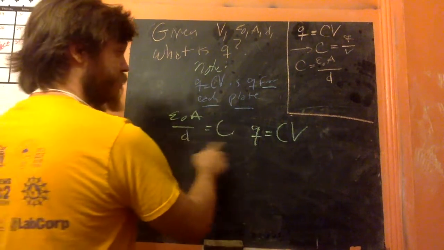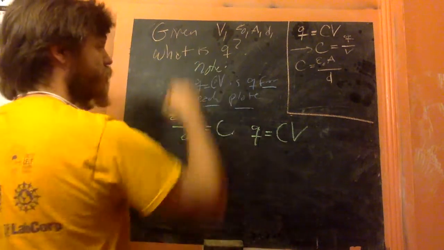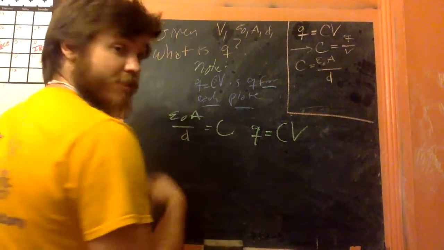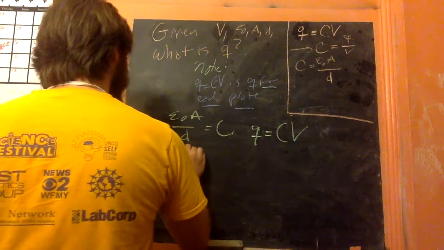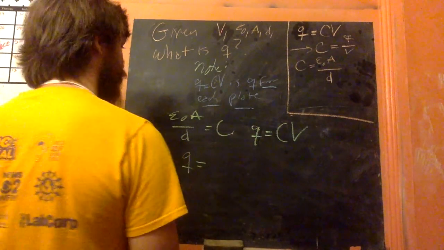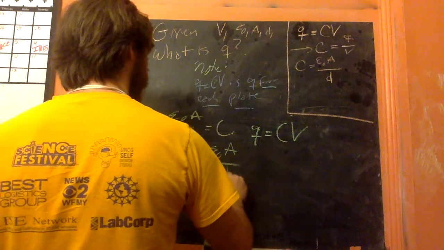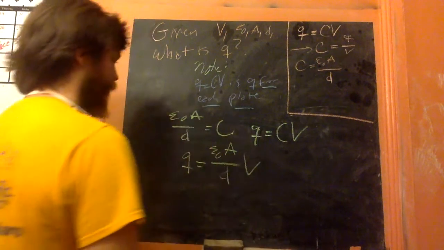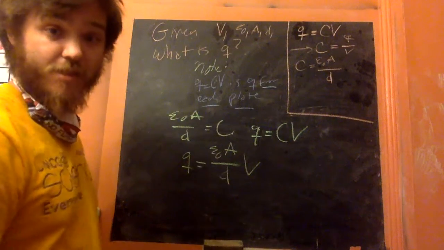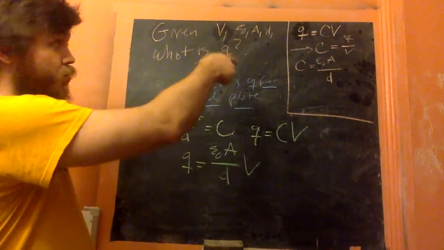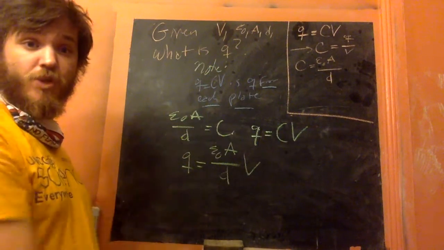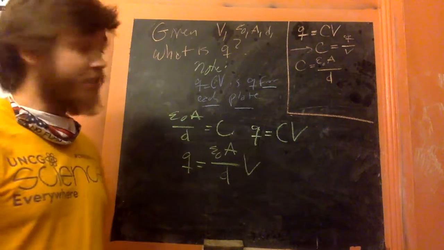Now we can plug this in for C, and we also know V, so we know Q. So this is a relatively short problem, so Q is equal to epsilon naught A over D times V. So that was pretty painless. These two work out the same.